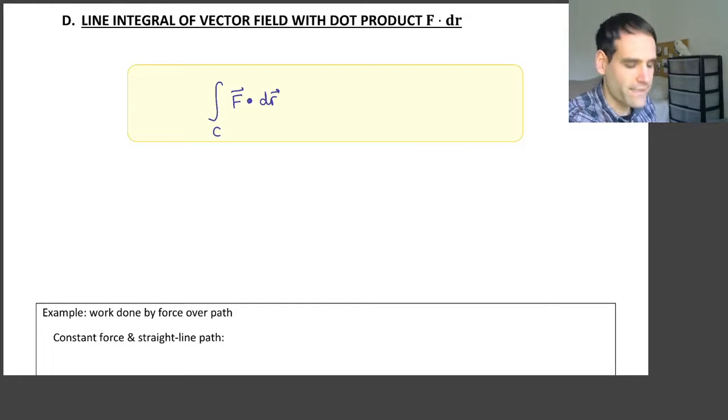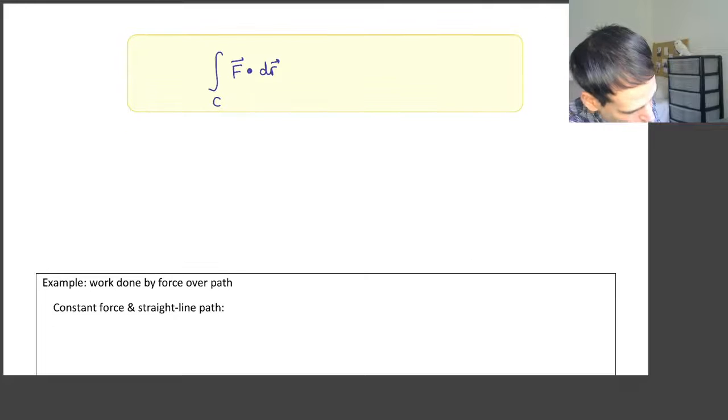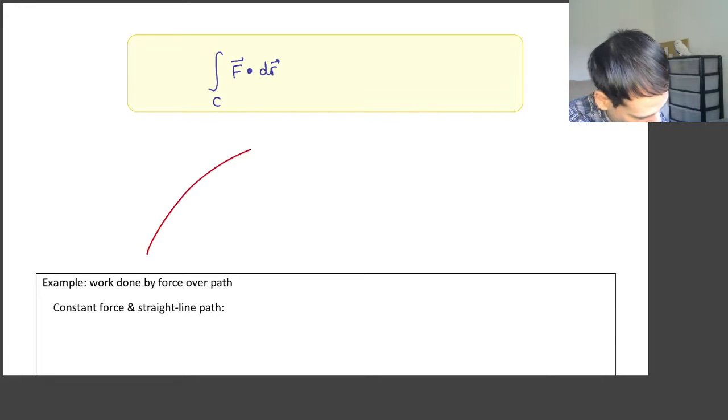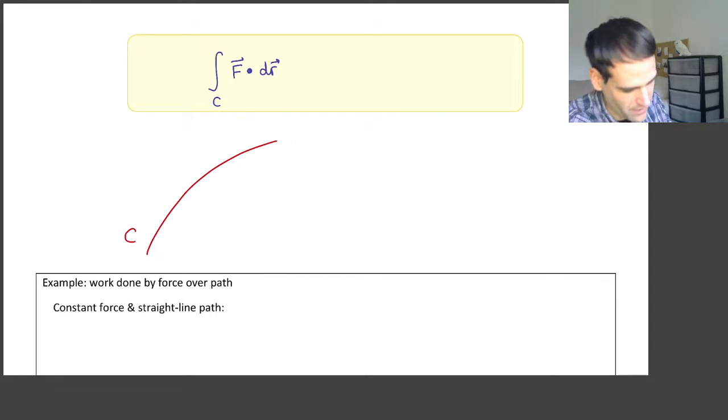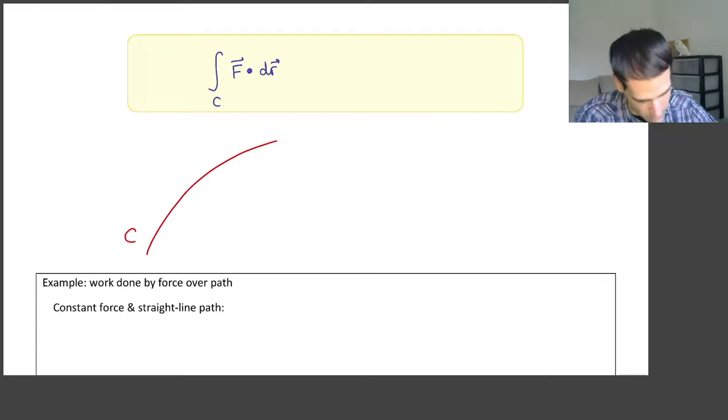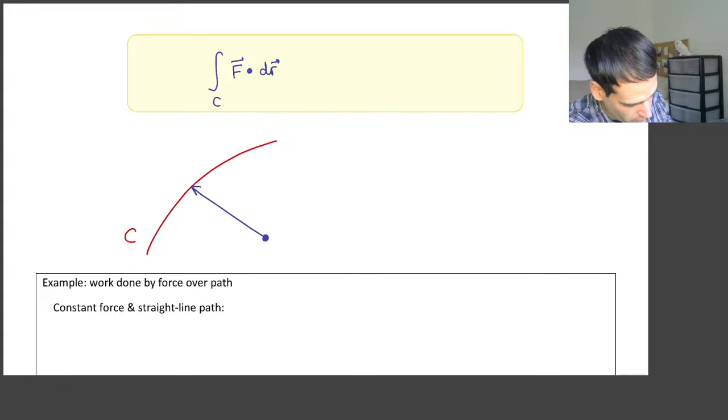Another way of writing this is if you substitute what dr is, so let me draw what dr is down here. If we have a curve like this, this is our curve, and this curve is a parametric curve. So we have r of u, which points from the origin, let's say that the origin is here, to the curve. So this is r of u.